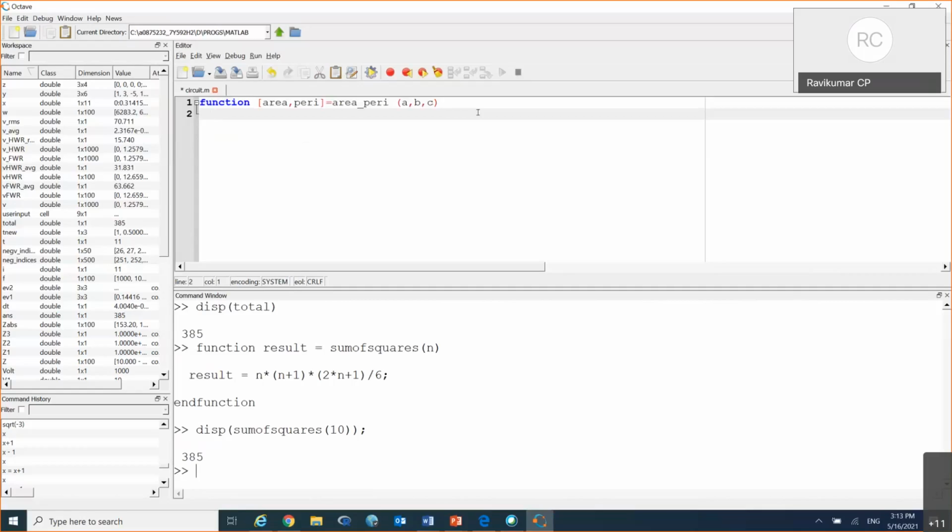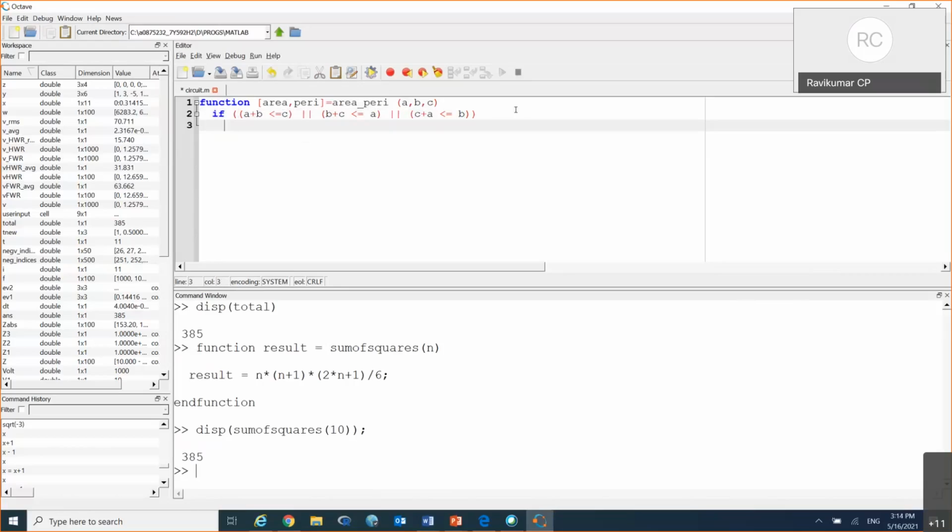So if A plus B is less than or equal to C, or B plus C is less than or equal to A, or C plus A is less than or equal to B. If one of these conditions is true, that means it is not a triangle.